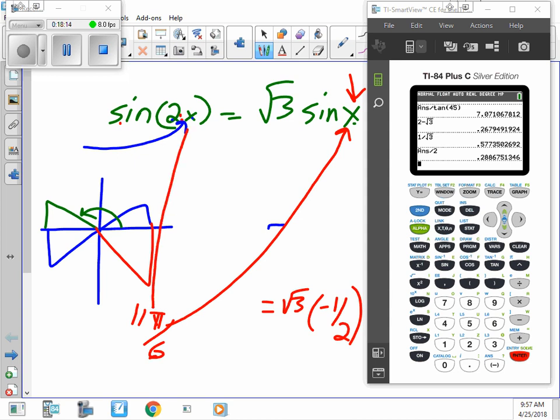When I plug 11 pi over 6 here, I get 22 pi over 6, which is 300 degrees. And the sine of 300 degrees is negative root 3 over 2. So I was wrong and you were wrong. 1 and 4. So pi over 6 and 11 pi over 6 both work.